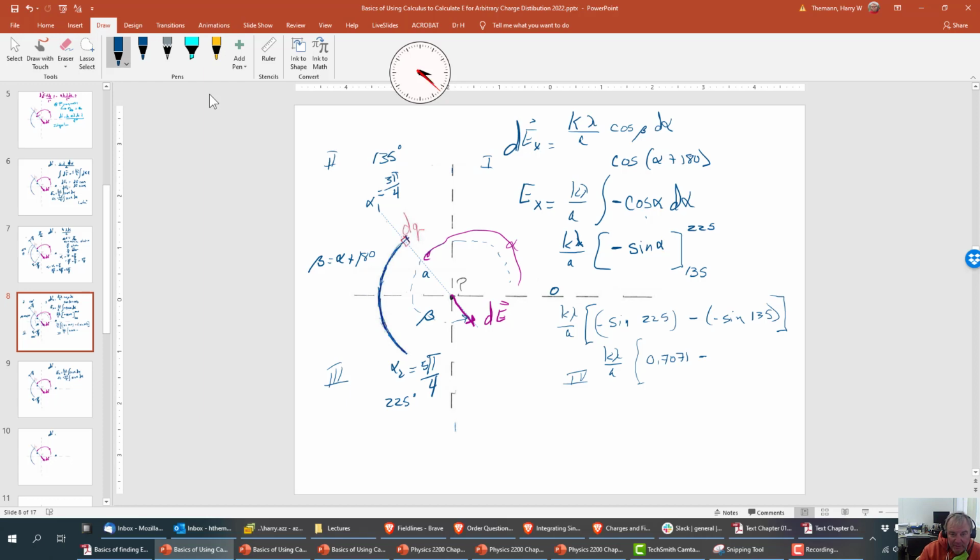So I hit it with the negative sign, so I've got negative 0.7071.